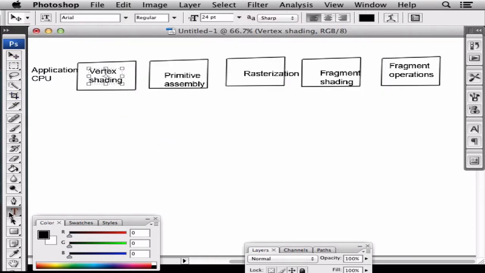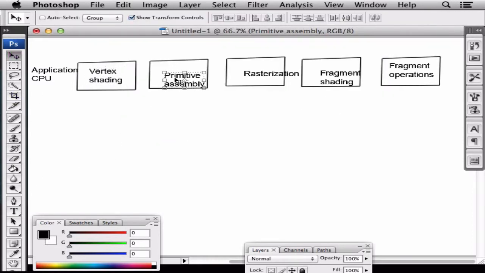And just put these into place. Rasterization. Fragment shading and fragment operations.